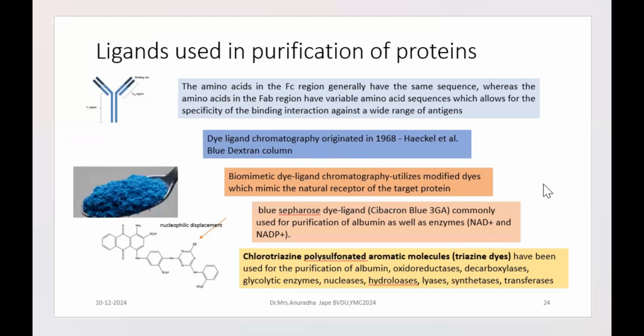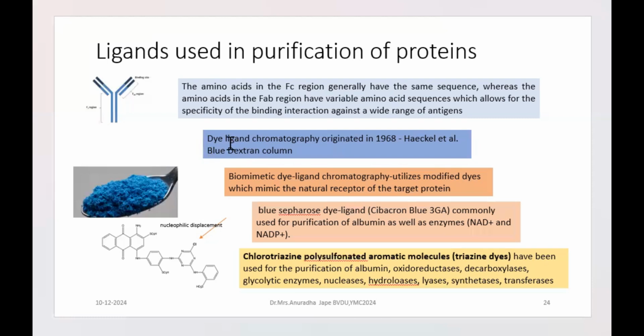And when he studied it, he found that it was blue dextran. The photograph also is showing the powder of blue dextran, which is a compound of interest used in different types of chromatographic support systems, right? So the dye ligand was used here in gel exclusion chromatography.